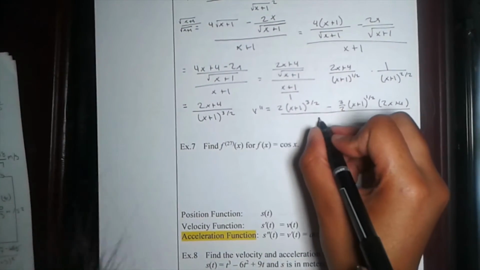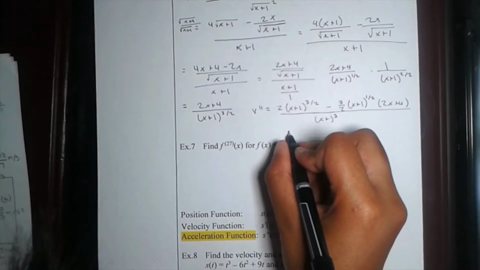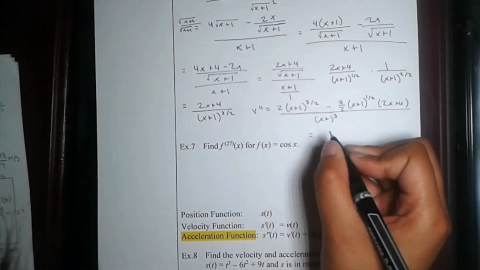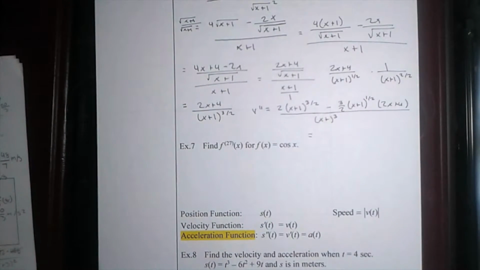If you square that, you're left with x plus 1 cubed. After this, you just simplify the problem.